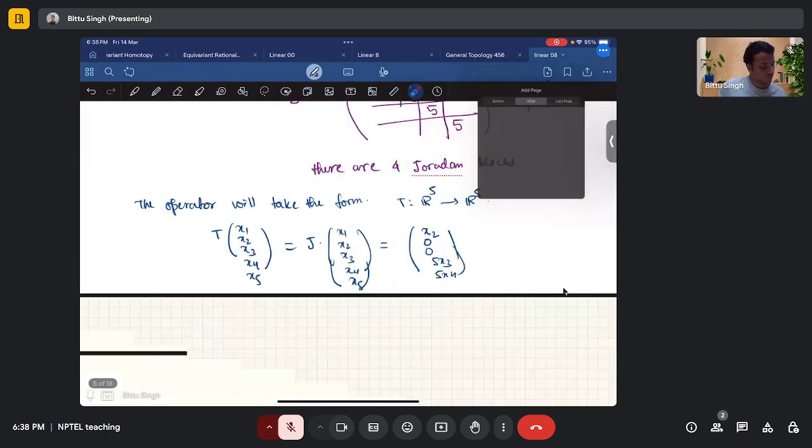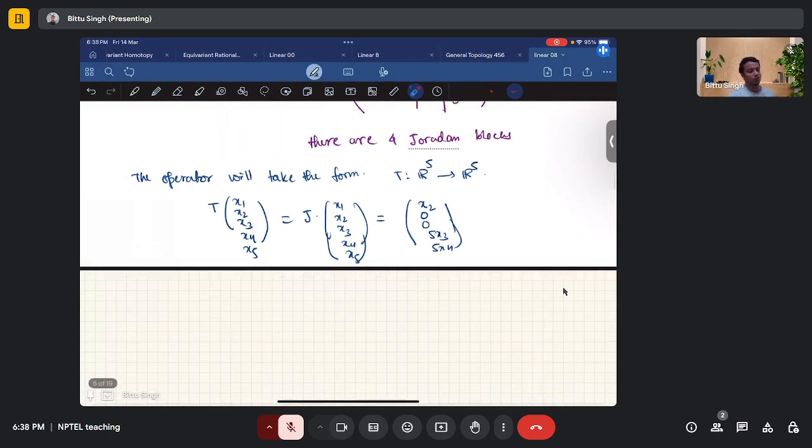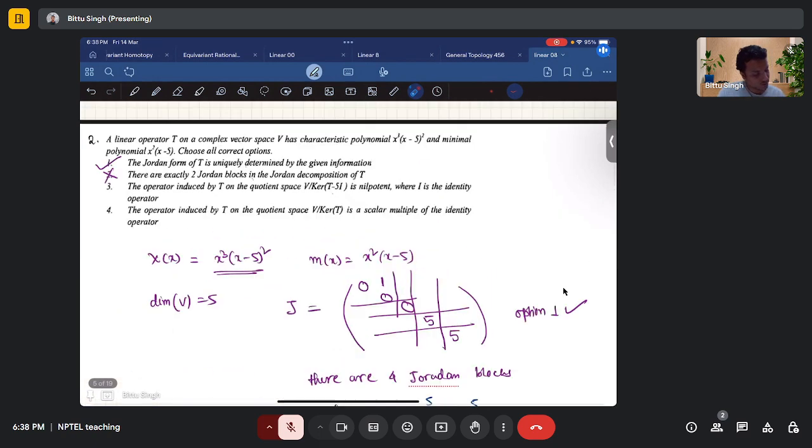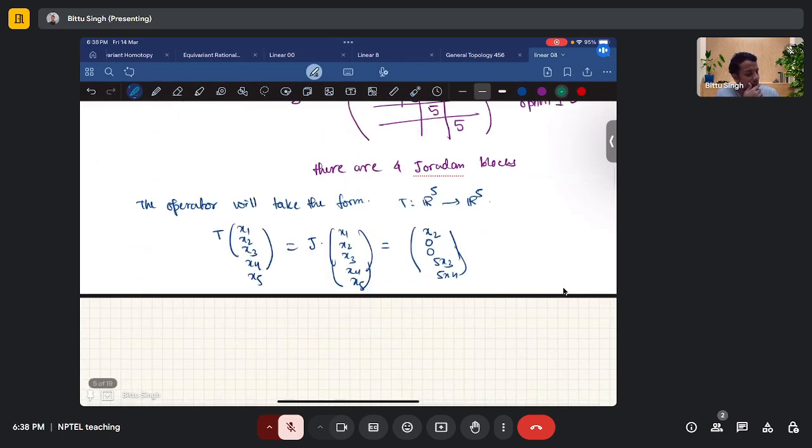Now from here, what can we do? The first question is the operator induced by T on the quotient V mod kernel of T minus 5i. I have taken V the same as R5.